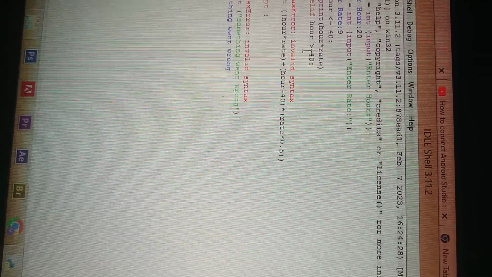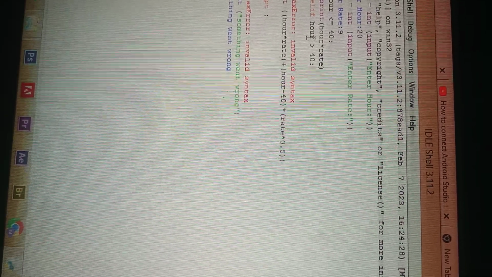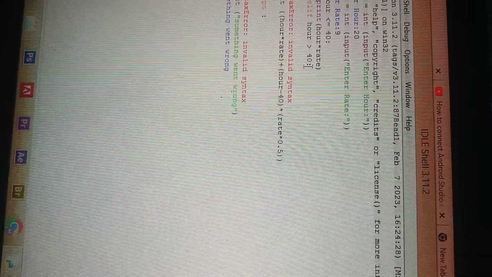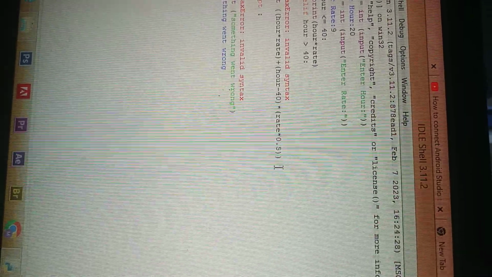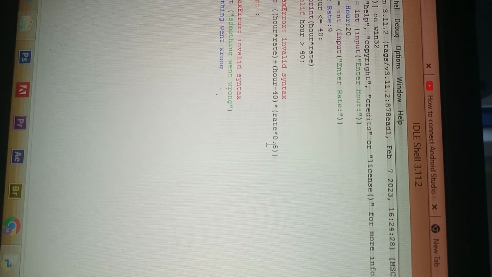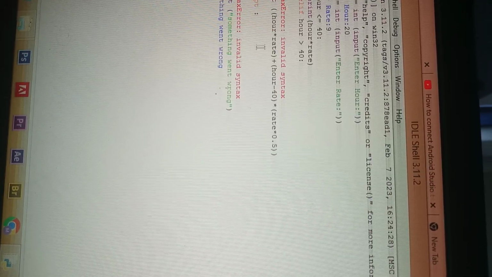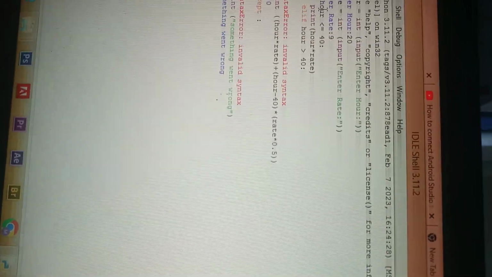The elif, if the hour is greater than 40, then you print the hour rate minus 40 times rate with a float 0.5, which is 90. Except. Then here I use the except as a condition, and they print something went wrong.